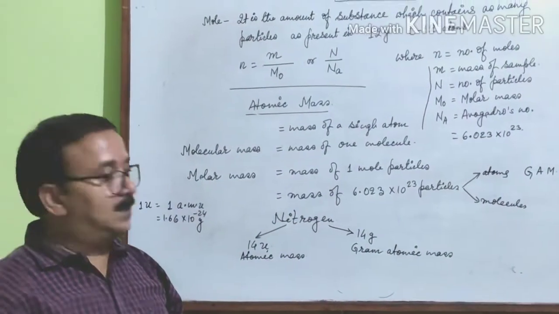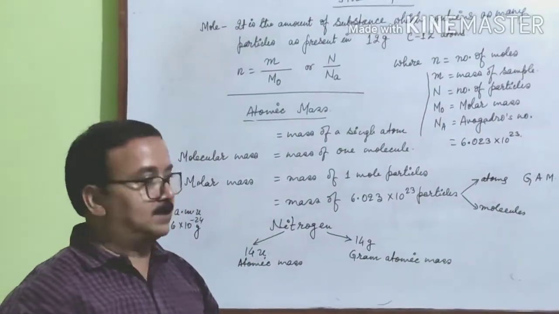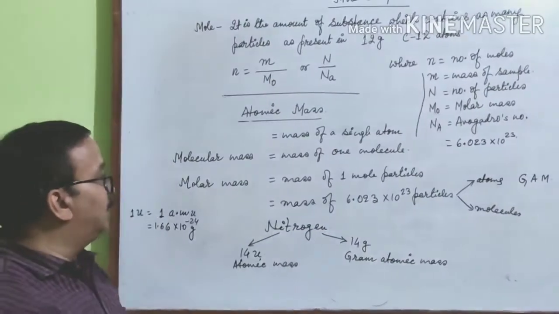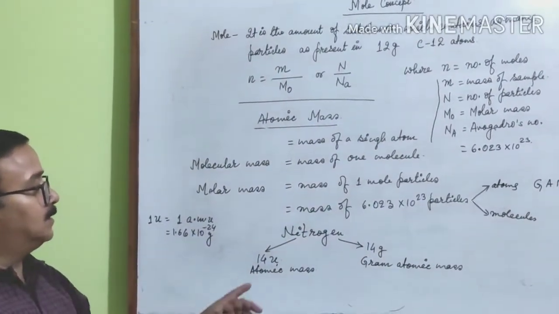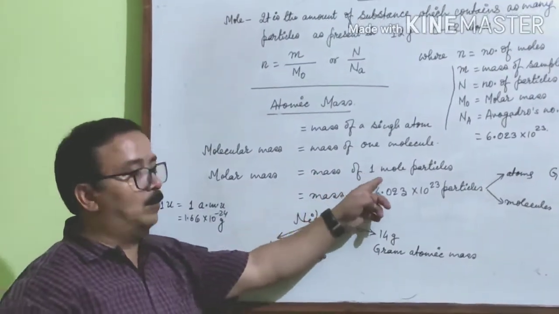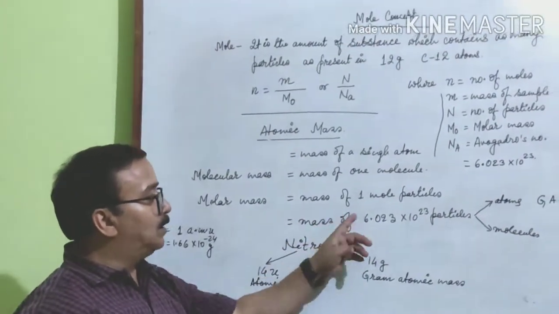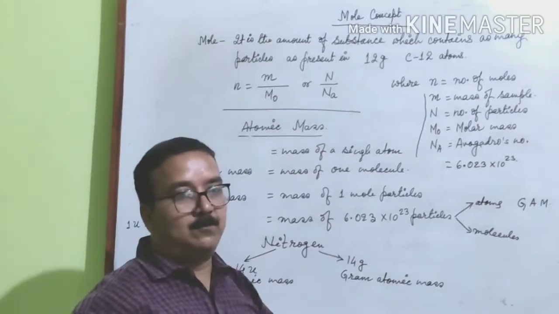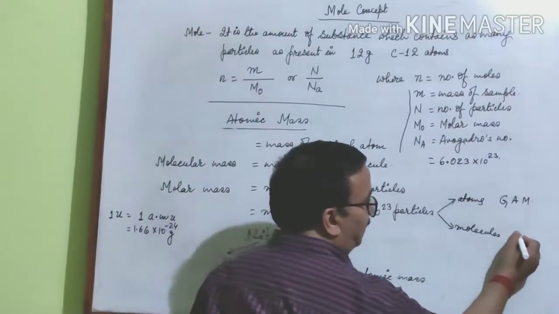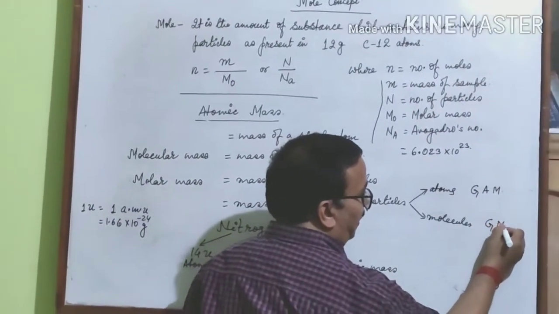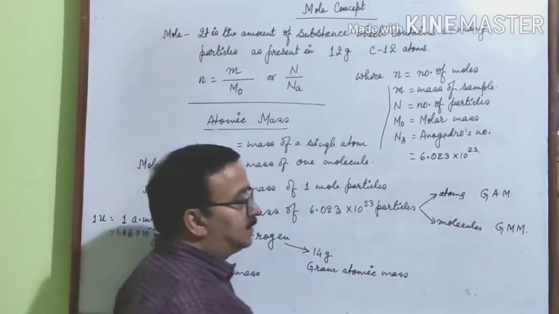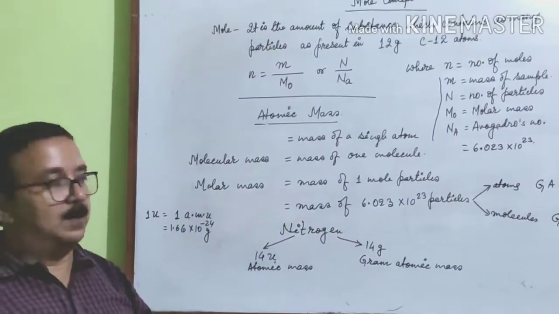GAM stands for gram atomic mass. So what is gram atomic mass? Gram atomic mass is the mass of 1 mole of atoms. And if the mass of 1 mole of molecules is involved, then it is denoted by GMM and is known as gram molecular mass.